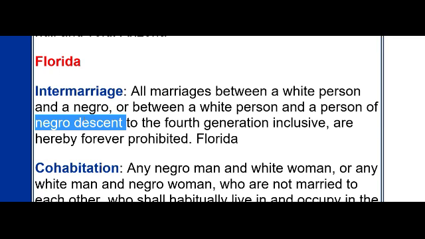This was never about white and black. This was about class. This is about a status difference that was created in the Emancipation Proclamation.